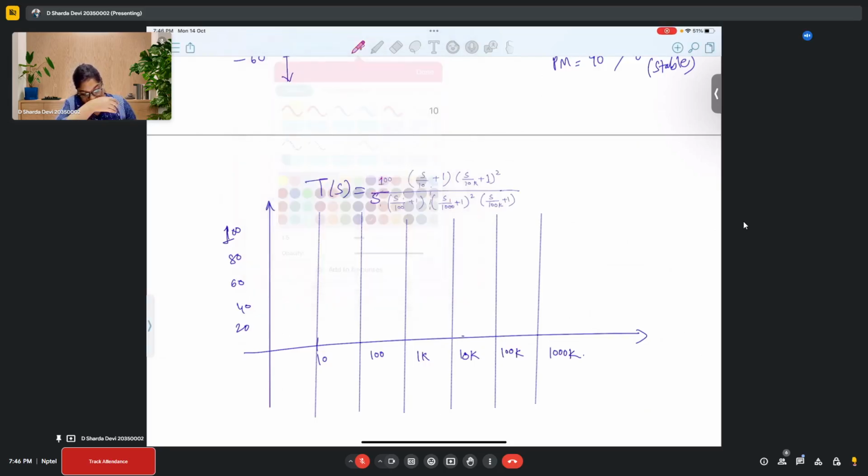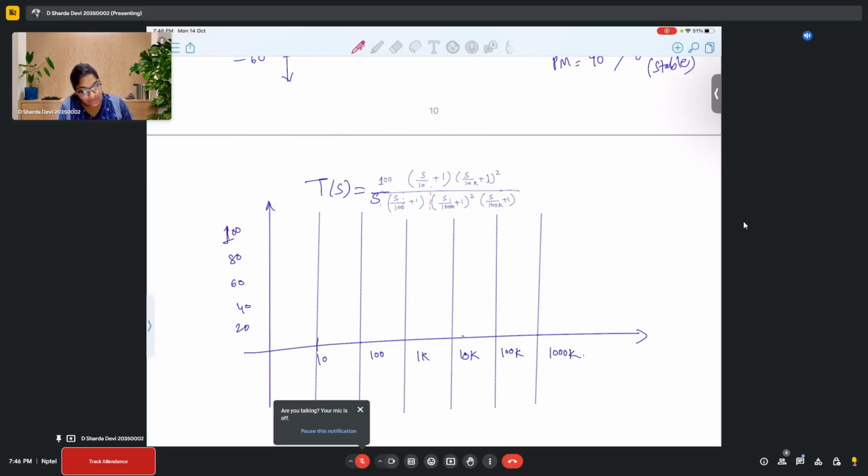Yeah, right. So when this is the scenario, again your graph is starting from 100, that is 40 dBs. But first you encounter a pole at 0. Because of that, you will have a minus 20 dB per decade slope. Now at 10, you experience a zero, so it will make your system flat. After that, at 100, you have one pole.